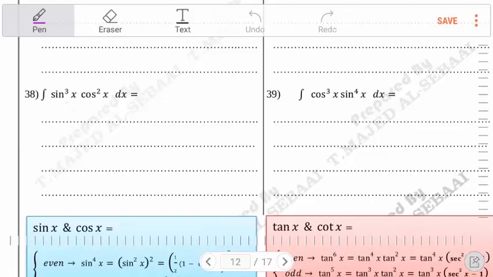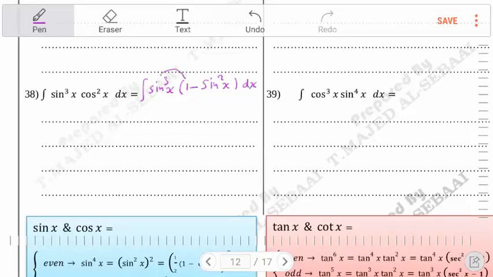We have sine to the power of 3x cosine squared. I can write it the following way. Sine to the power of 3 will stay as it is. Cosine squared can be written as 1 minus sine squared x, dx.